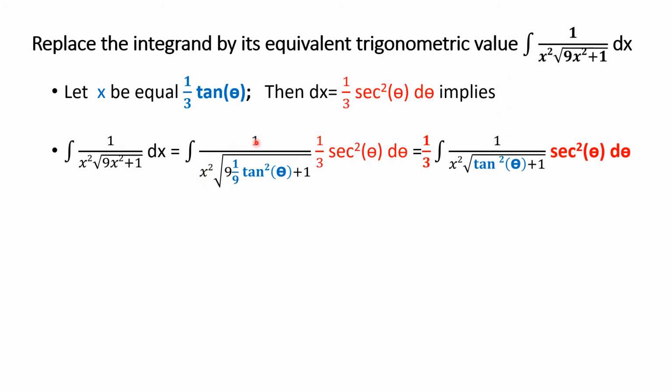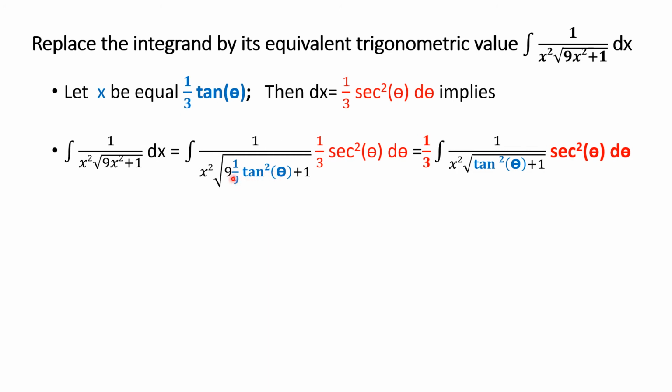And then the numerator is the same, 1 divided by, in the denominator, instead of x square, we're going to plug in its value. If x is equal to 1 over 3 tan theta, then x square will be 1 over 9 tan square theta. So this x square in black is replaced by 1 over 9 tan square theta in blue.